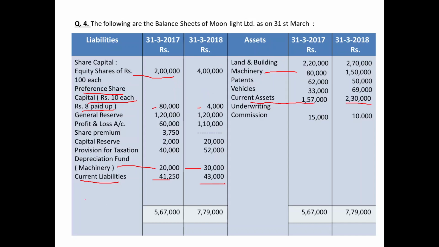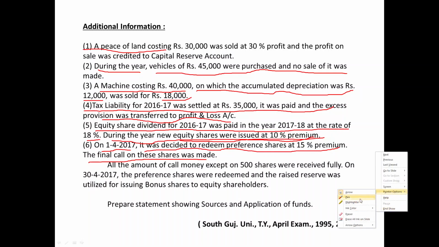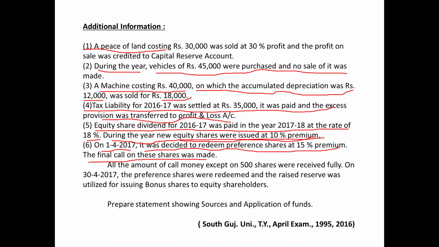You know the provisions of the Companies Act. Partly paid up shares cannot be redeemed by the company. Only fully paid up shares can be redeemed by the company. So, before the process of redemption of this preference share capital, the company demanded the final call on this preference share capital, and the instruction is also there.